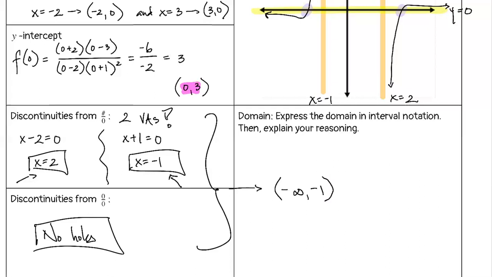Then we keep that fancy u, which means that you're saying there's another part to it. And then we go from -1 to 2, we close it, and we go from 2 to infinity. And these -1s come from the fact that there's a vertical asymptote at x equals -1, and these 2s come from a vertical asymptote at x equals 2.